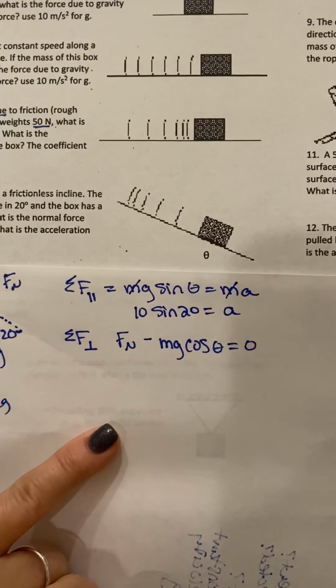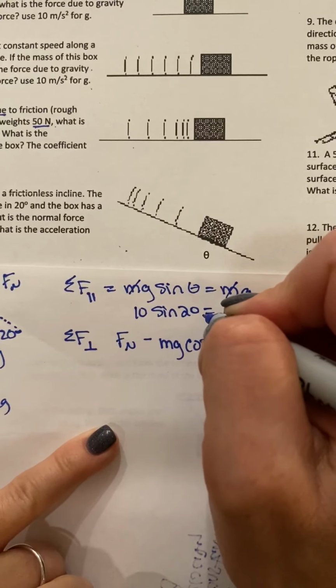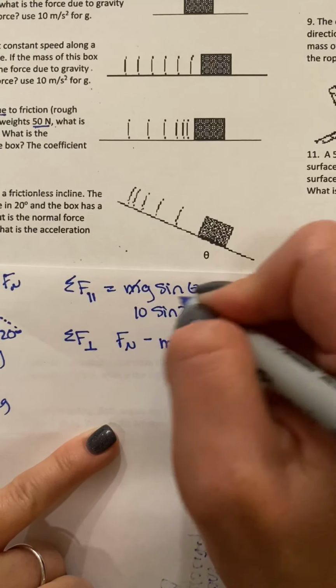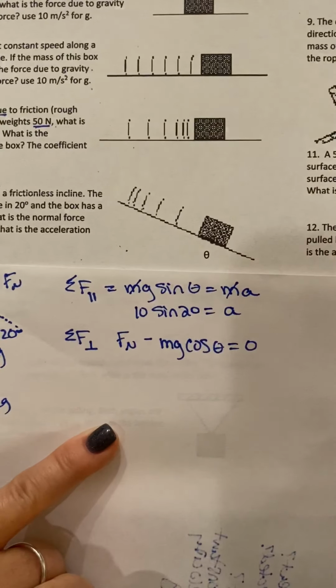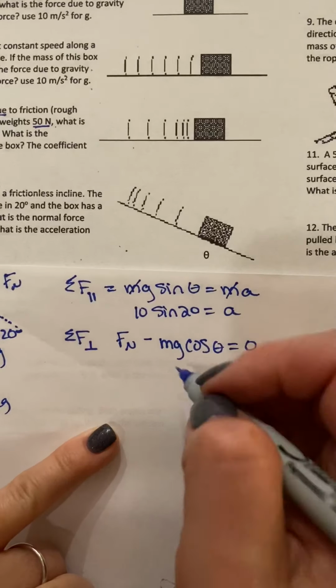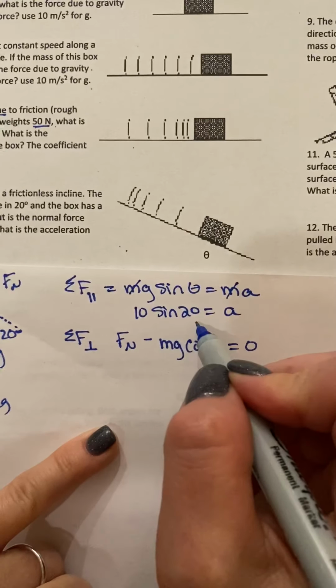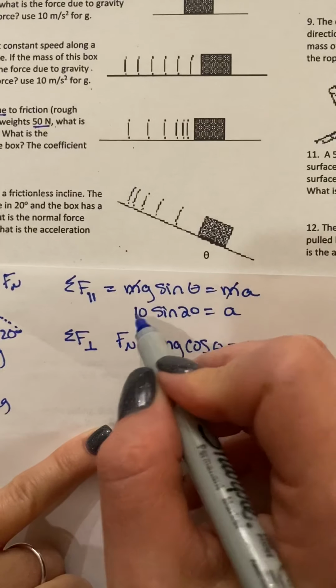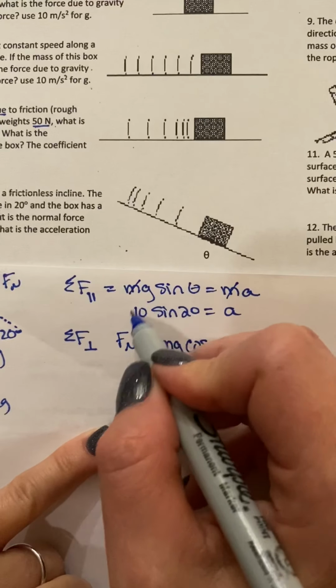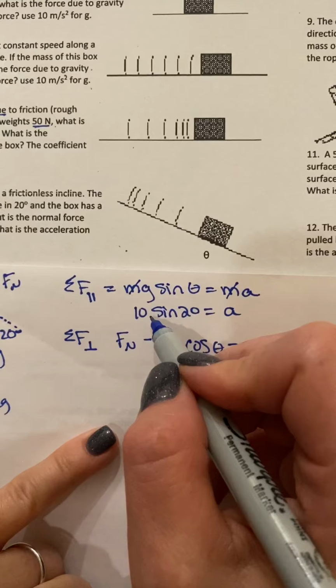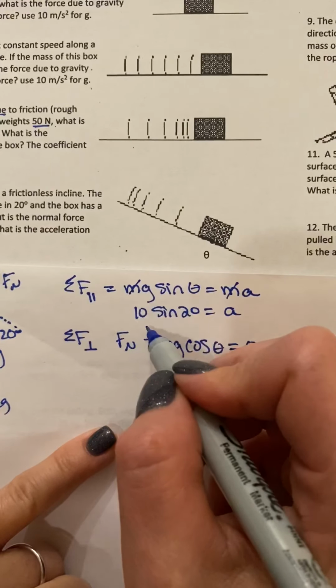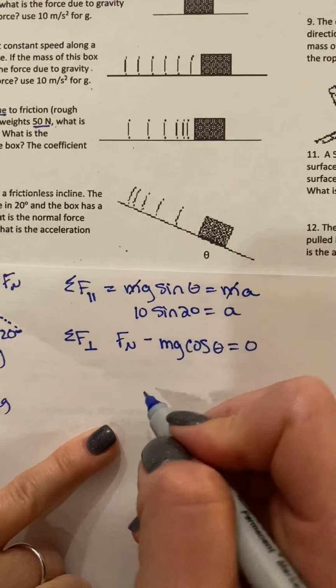Again, I don't have a calculator, so I don't know what sine 20 is, but you would plug in your calculator sine 20 times 10, and that would give you your acceleration. Something less than 10, right? Because sine of anything is going to be less than 1. And the quickest we're going to be accelerating without an applied force is going to be something less than 10.